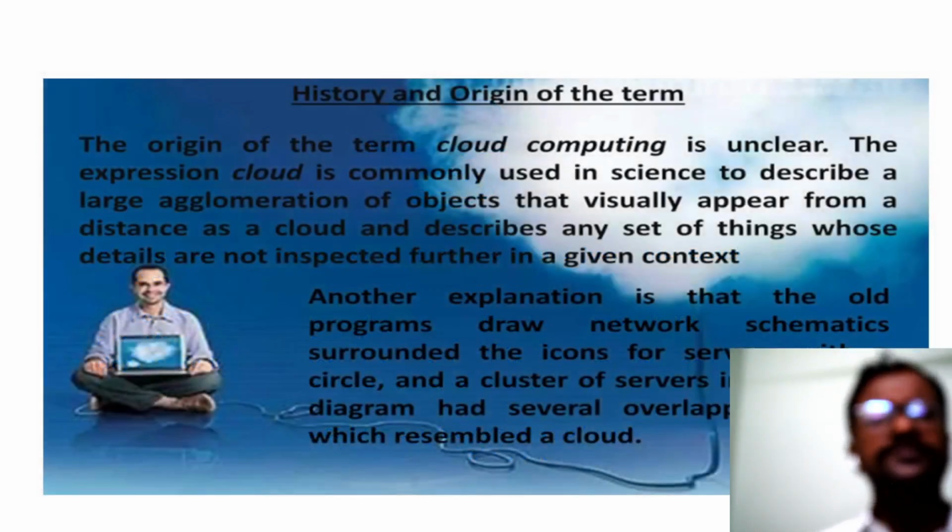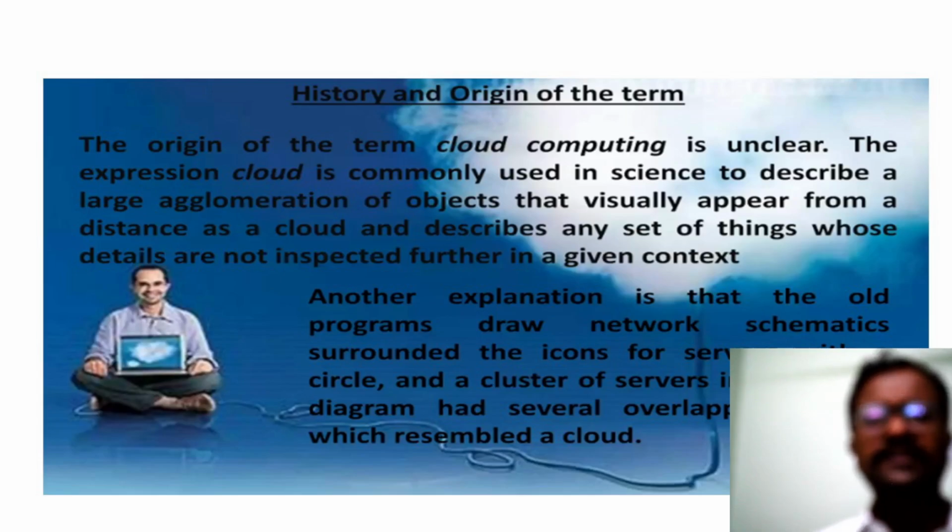The history and origin of the term: the origin of the term cloud is unclear. The expression cloud is commonly used in science to describe a large agglomeration of objects that visually appears from a distance as a cloud, and describes any set of things whose details are not inspected further in a given context.